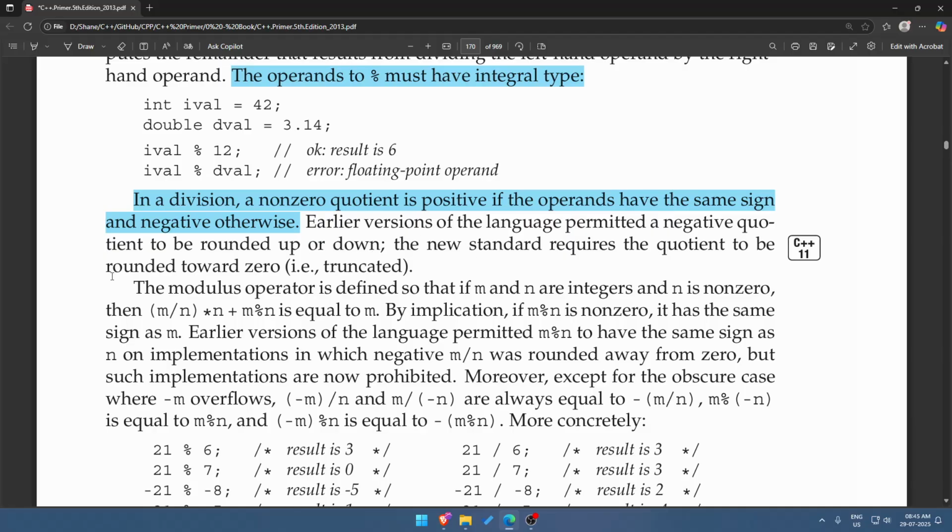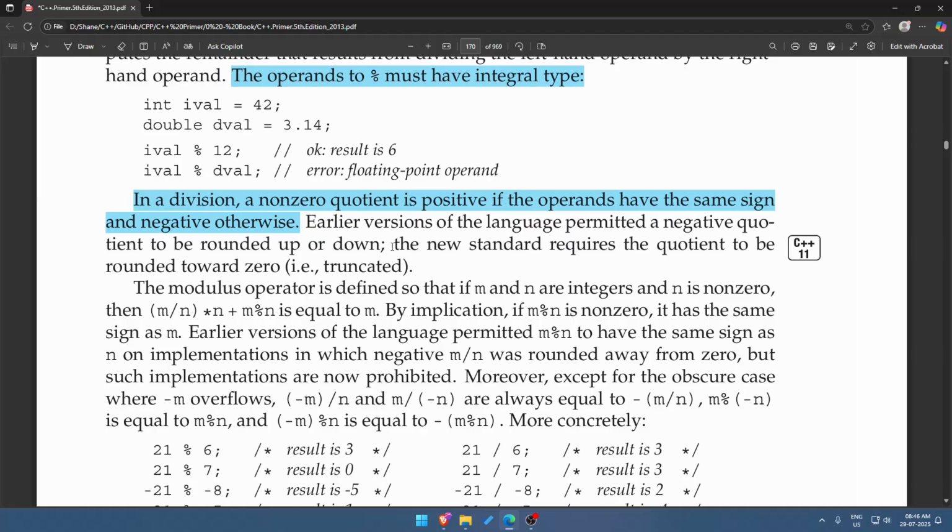The new standard requires the quotient to be rounded toward 0, that is, truncated.